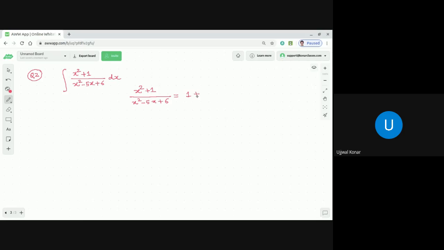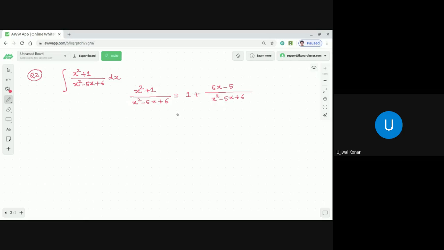If you divide, you should get something like this: 1 plus (5x minus 5) divided by (x square minus 5x plus 6). Got it now? Yes.